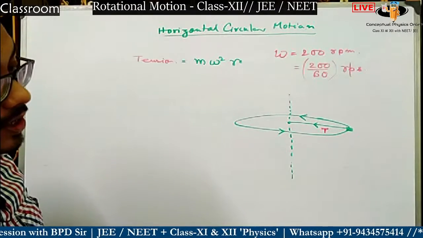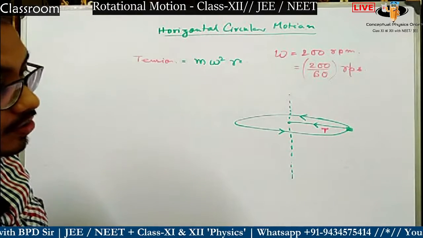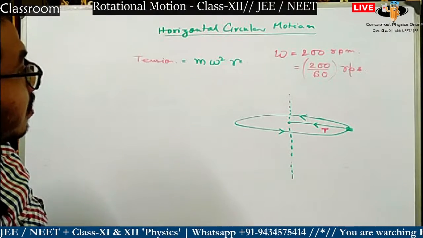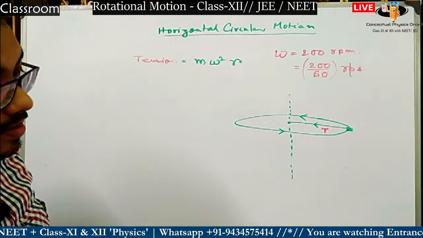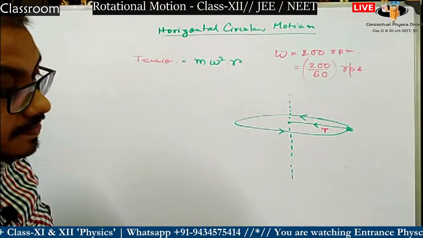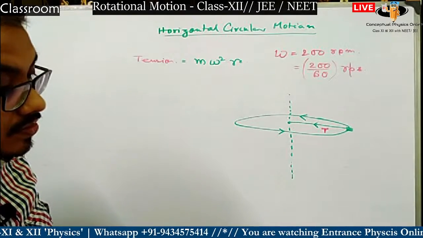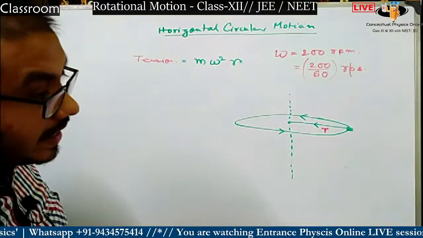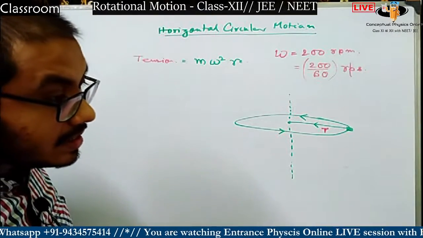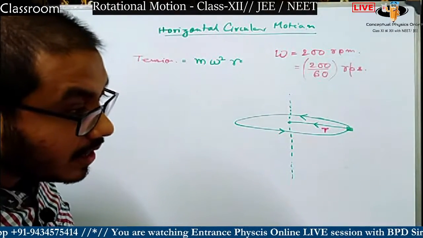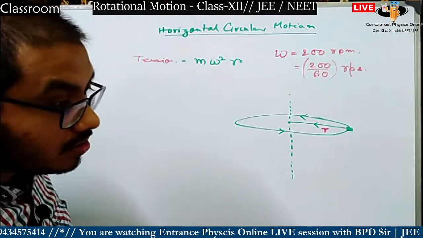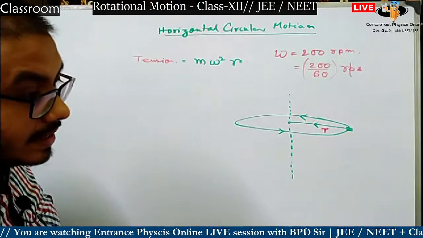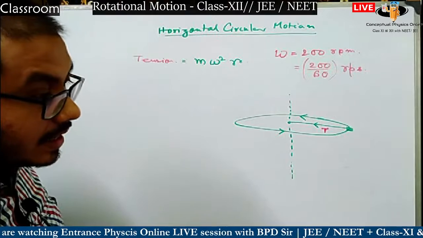Then we will find the revolution. R is not given separately, but the string is 2 meter long, so R is also given.